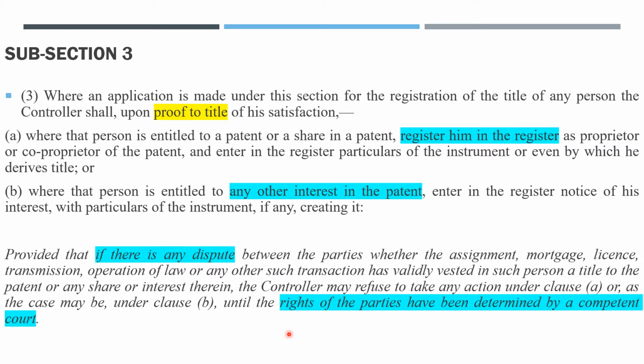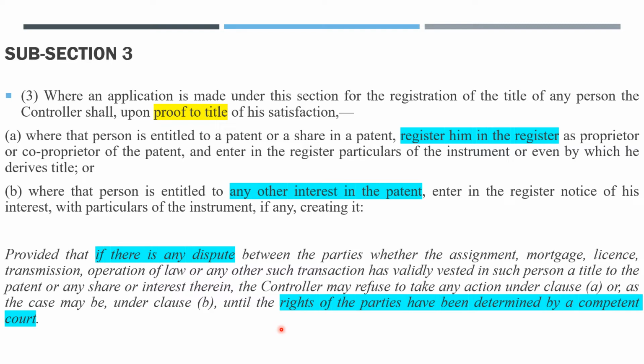Okay, this is only when the rights of the parties have been determined, or we can say the dispute is closed, solved or resolved in a way. And this is decided by a competent court. So this is the criteria.